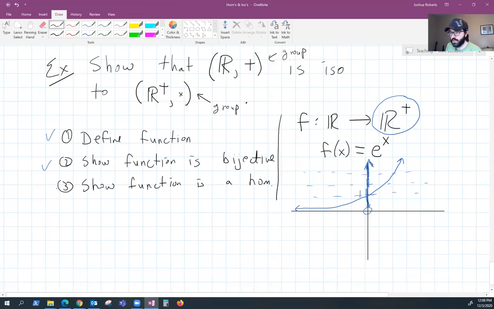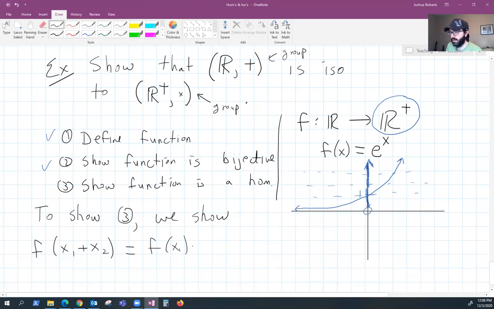Well, to show 3, we have to show that f of x1 plus x2 has to be equal to f of x1 times f of x2.